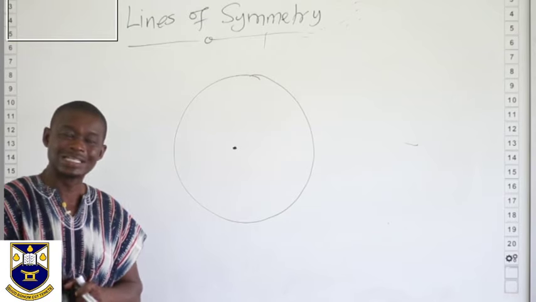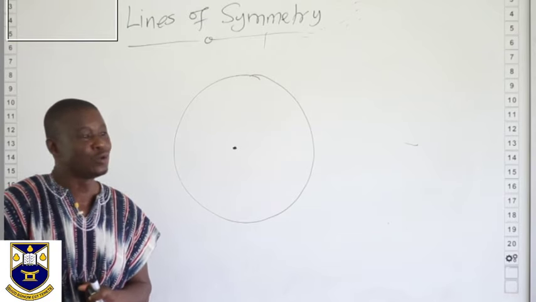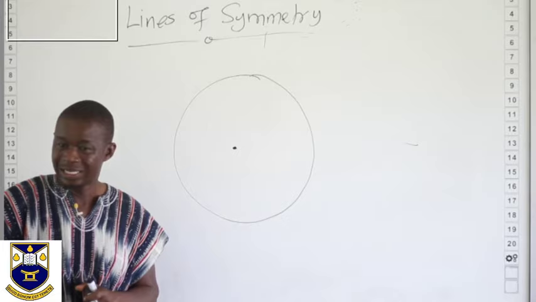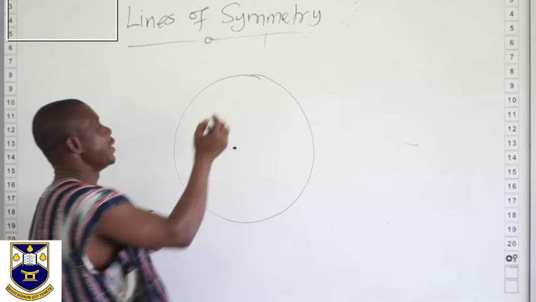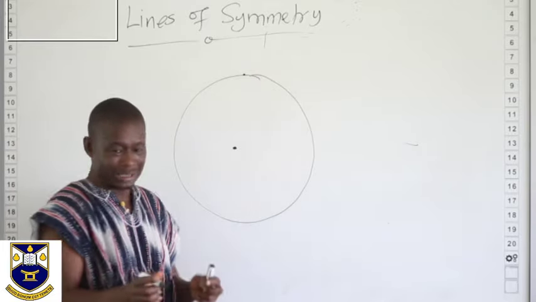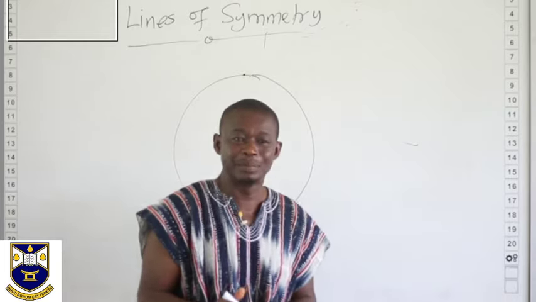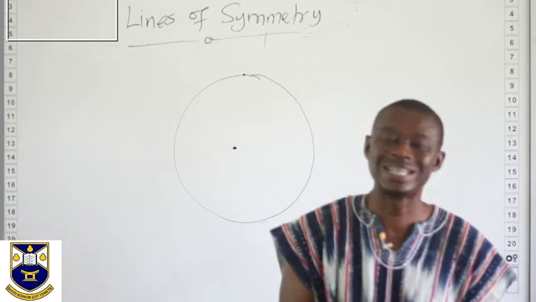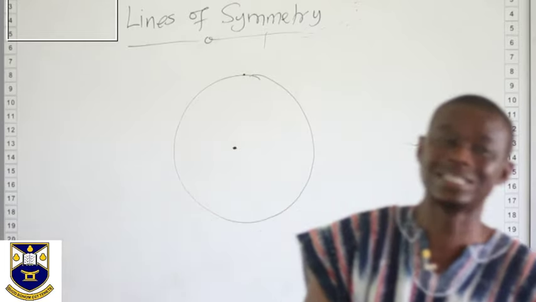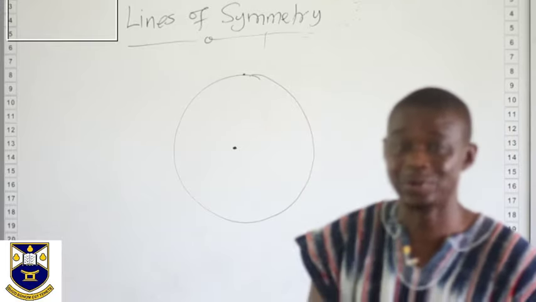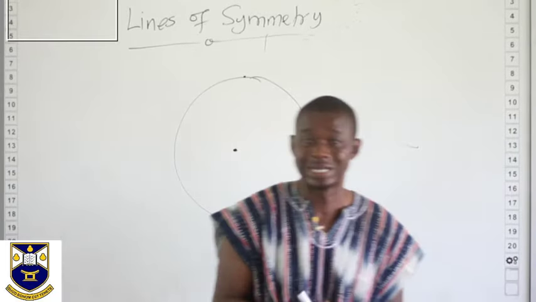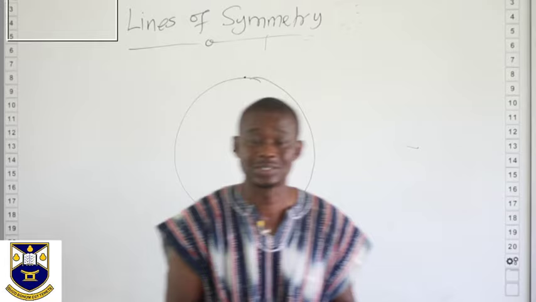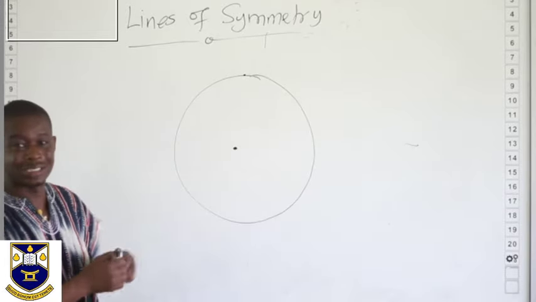We are saying that the line of symmetry should pass through the center. So if I start from any point, next time I'll bring my blackboard instrument so that you see how to do it. Our next lesson is construction. So we are going to do justice to that. Good. So this is my circle.